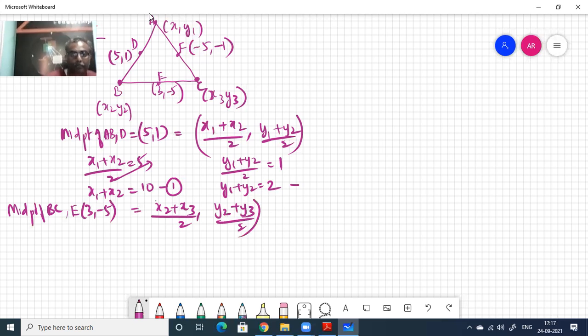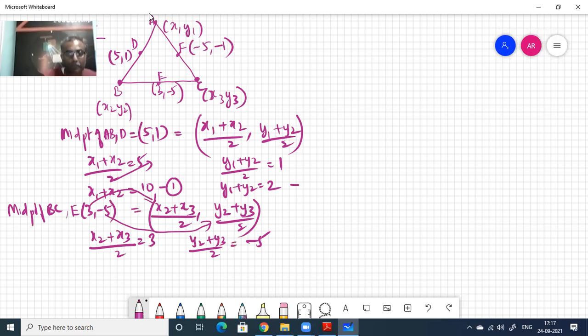So (x2 plus x3) by 2 is equal to 3 and (y2 plus y3) by 2 is equal to -5. Taking the 2 to the other side, x2 plus x3 is equal to 6, and y2 plus y3 is equal to -10.